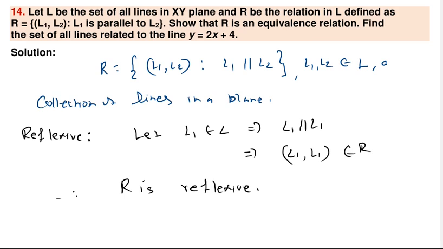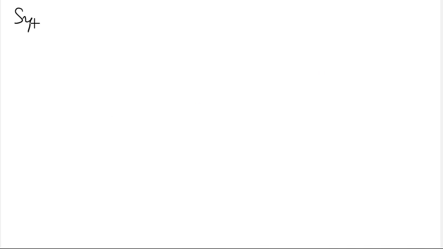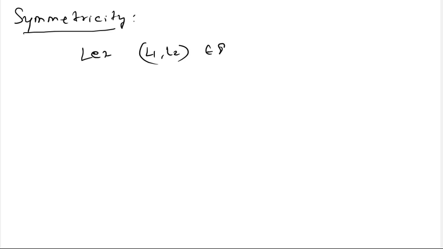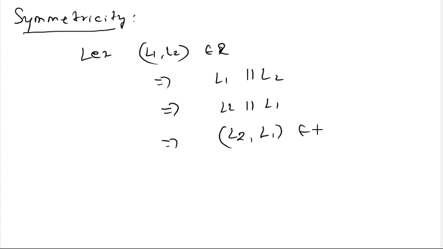And to confirm symmetry, let us take an arbitrary member (L1, L2) of the relation R. Then L1 is parallel to L2 as well as L2 is parallel to L1. Now (L2, L1) belongs to R, and therefore the relation R is symmetric.